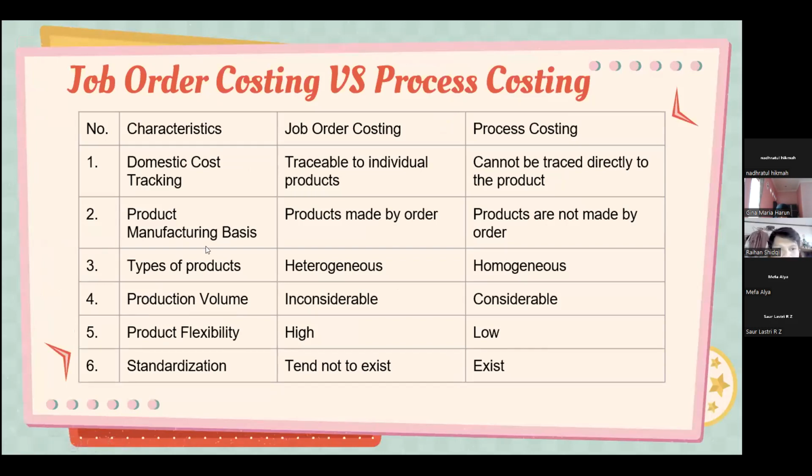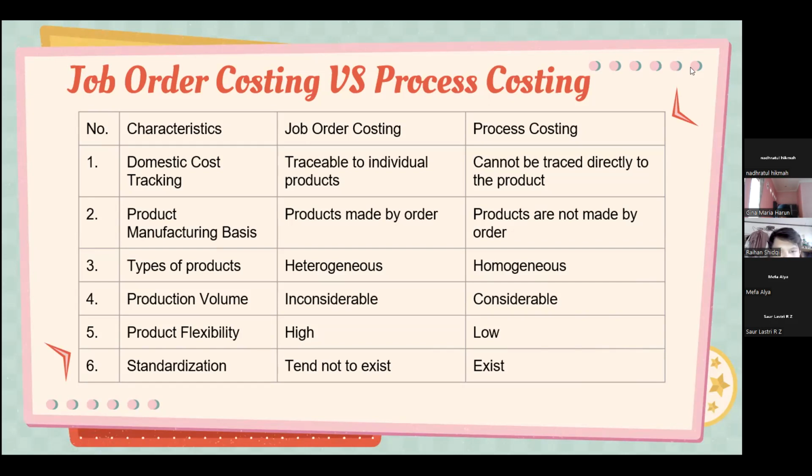Next is the difference between job order costing versus process costing. The differences in some of the characteristics are, first, cost tracking. For job order costing, it is traceable to individual products. Meanwhile, for process costing, it cannot be traced directly to the product. Then for product manufacturing basis, in job order costing the products are made by order, and in process costing the products are not made by order.